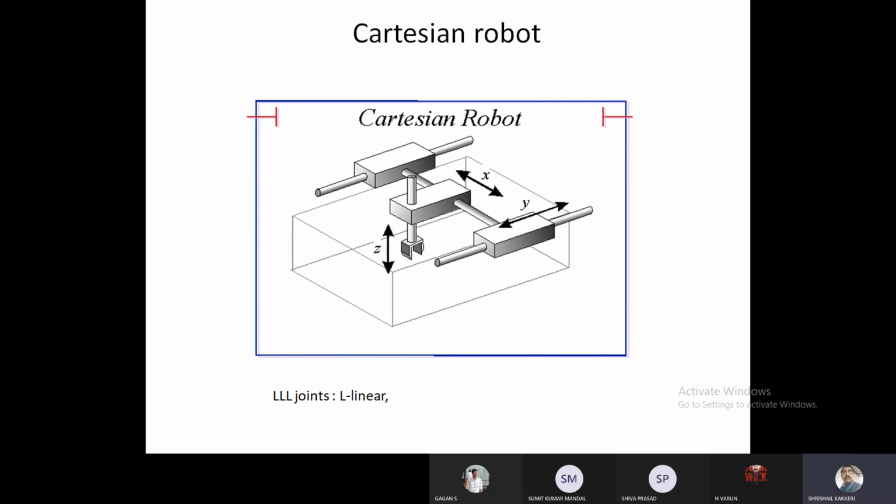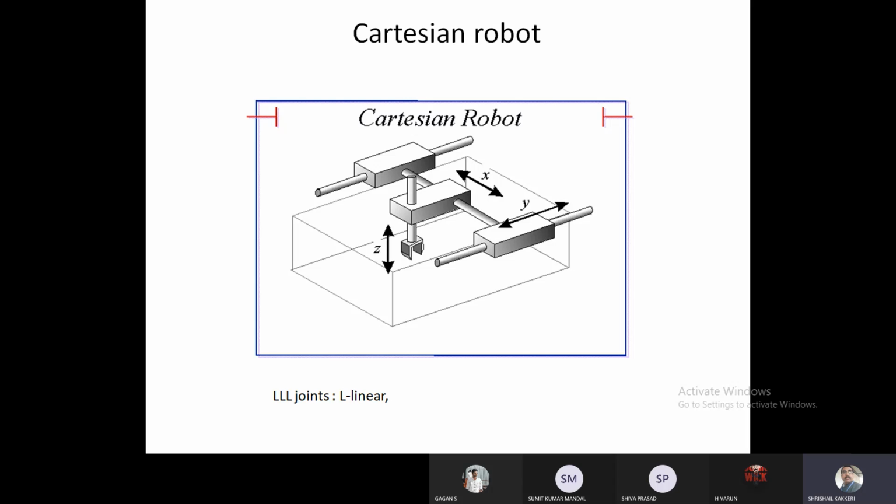The acceleration, velocity, and displacement the arm or end effector generates are not important.